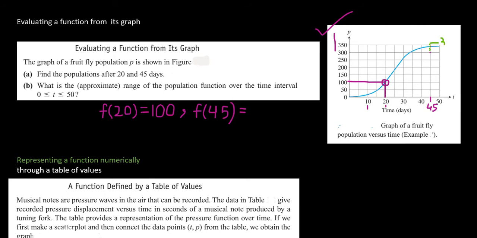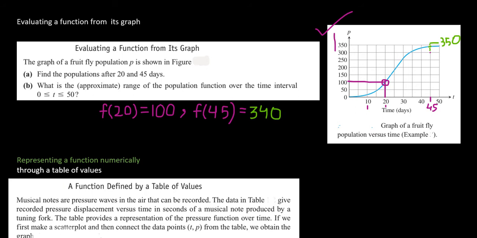So you can see that it is a bit closer to 350. That means we can say that at 45 days the population of fruit flies will be 340, because it is not crossing or intersecting the line of 350. You can see it over here.